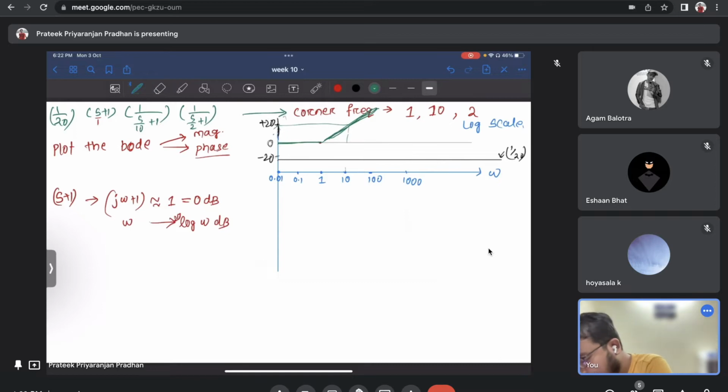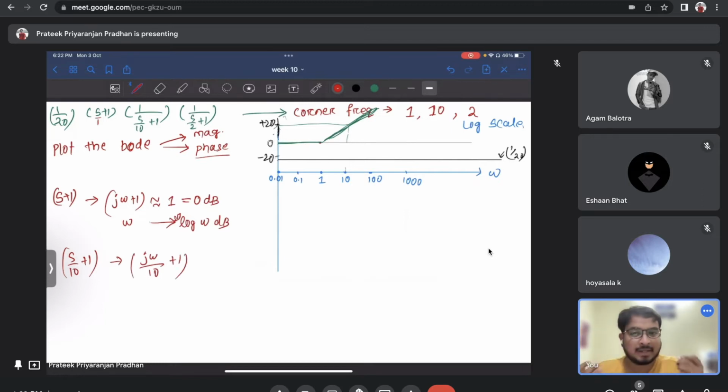What about the term s by 10 plus 1? This I can write as j omega by 10 plus 1. Similarly, at lower frequency it will be 0 dB, and for higher frequency it will be accordingly omega. But it will be negative omega because it's 1 by.